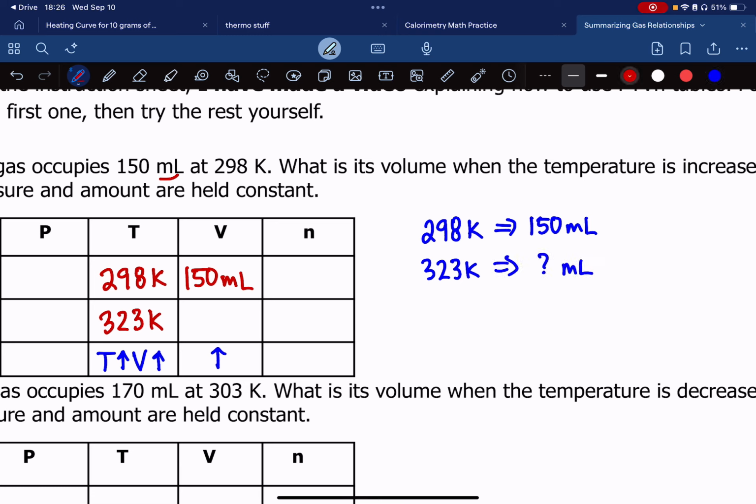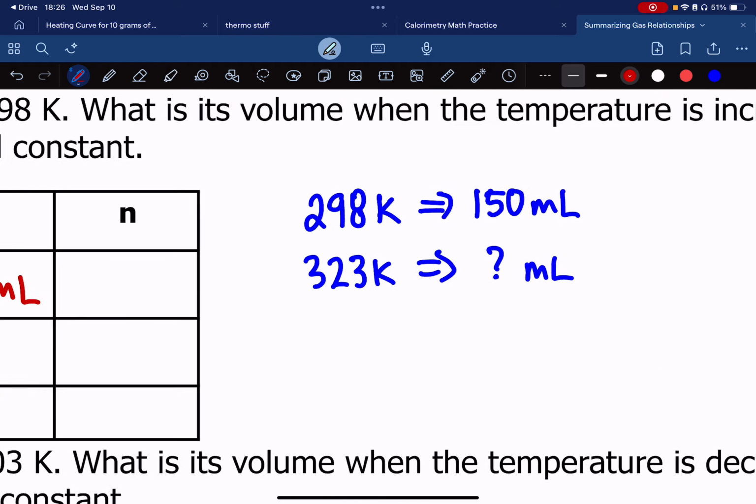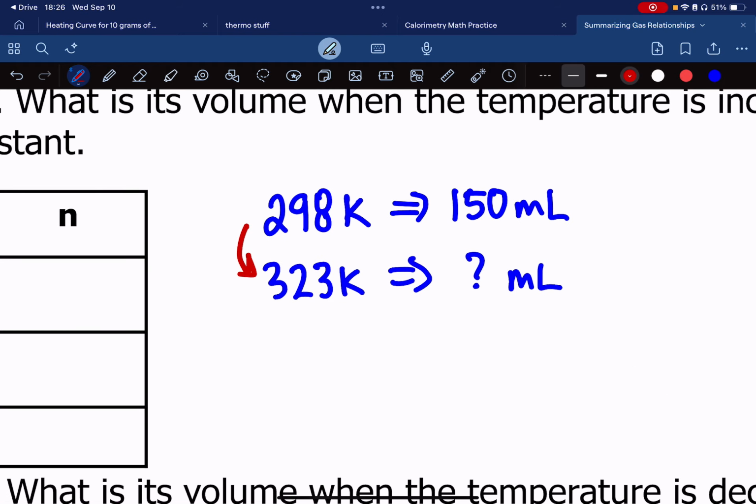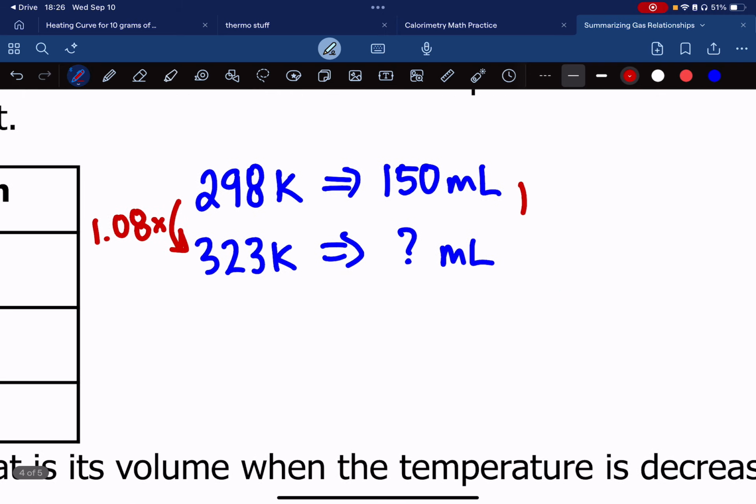So the way that you know to do this is you have to figure out what the scale factor is between that 298 and that 323. And of course, the way to do that is to do a little bit of division. So I'll take 323 divided by 298, and that will give me 1.08. That is the scale factor there. So I must also have the same scale factor over here of times 1.08. And now when I punch in my calculator 1.08 times 150, I get an answer of 162.